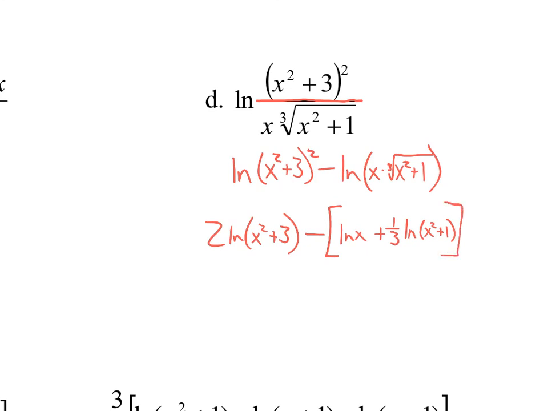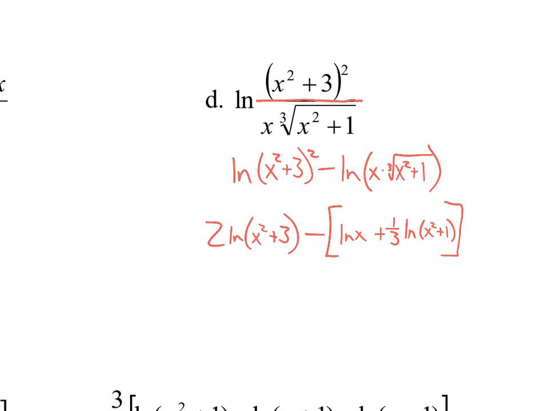Can I pull out the square? No. Because it's not x plus 1 in parentheses squared. It's just the x squared plus the 1. Okay? So that's as far as we could simplify it.